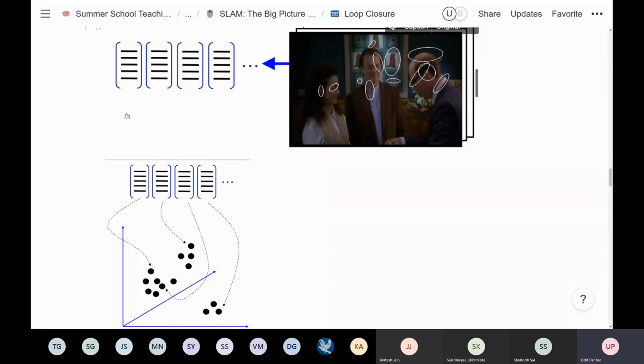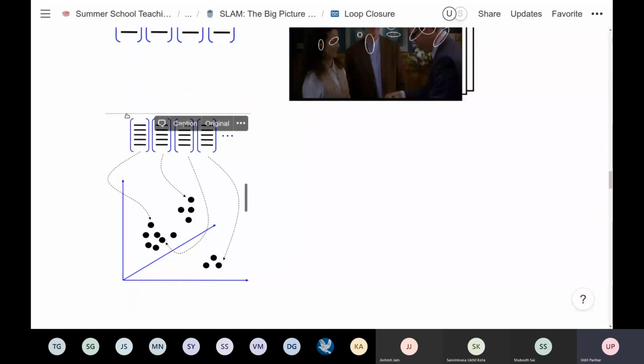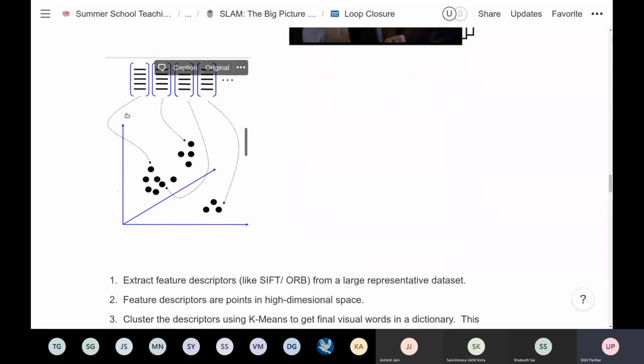Once we build a dictionary, we will use it at inference time. So we will use the k-means algorithm. First we have 128-dimension feature vectors. This is a 2D case, but generally it will be, let's say, 128-dimension feature vectors.